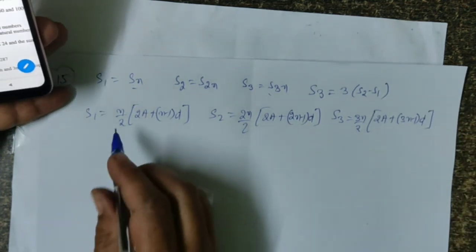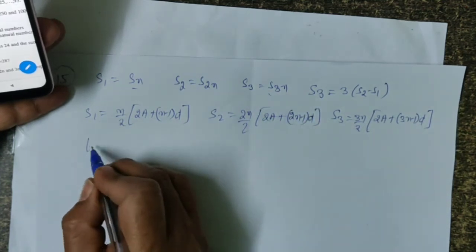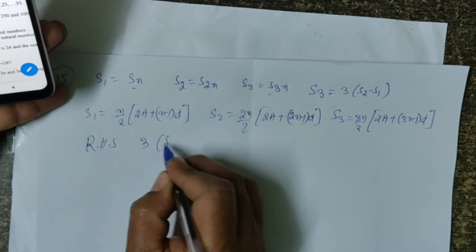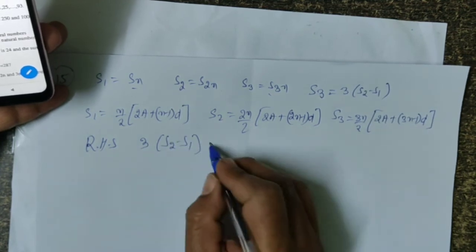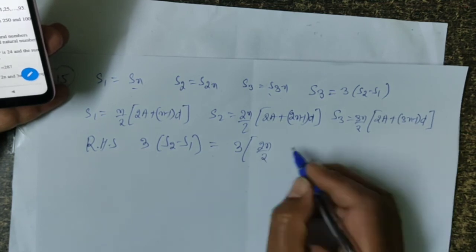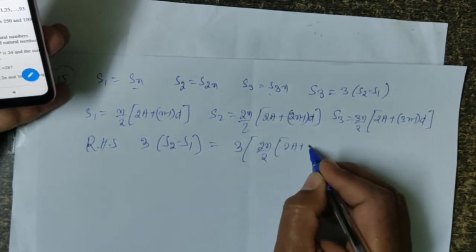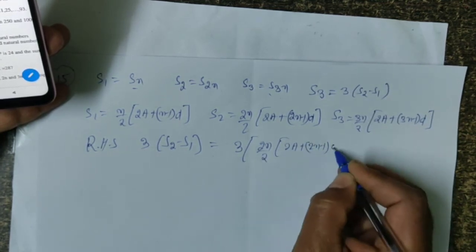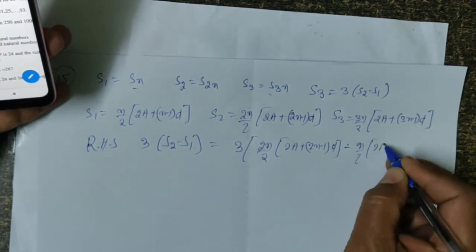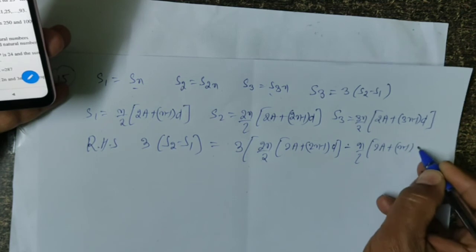Okay. Now go with the RHS. The RHS is 3S2 minus S1. Put the values: 3 into 2n by 2, 2a plus 2n minus 1 into d, and minus n by 2, 2a plus n minus 1 into d.